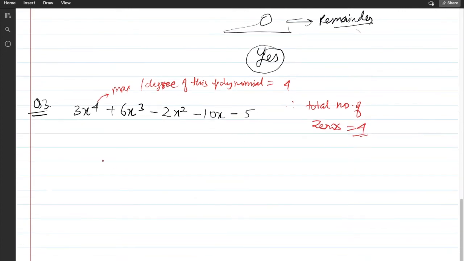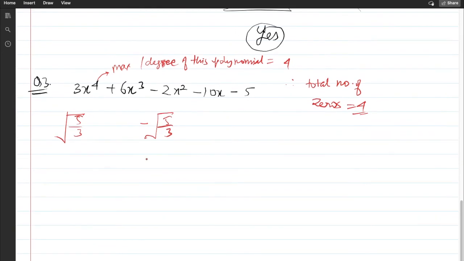And out of these 4, you already know 2 zeros, since the question gives them: one of those zeros is under root 5 by 3, and the other zero is minus under root 5 by 3. Alright, so you can rewrite this as x equals under root 5 by 3, and this as x equals minus under root 5 by 3.